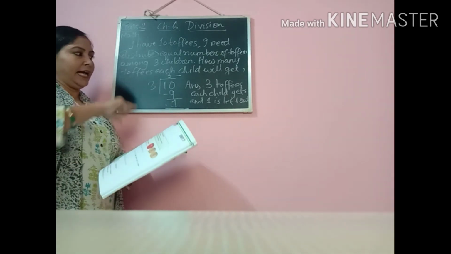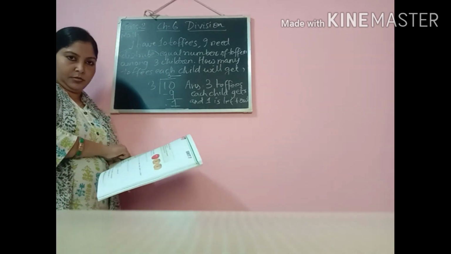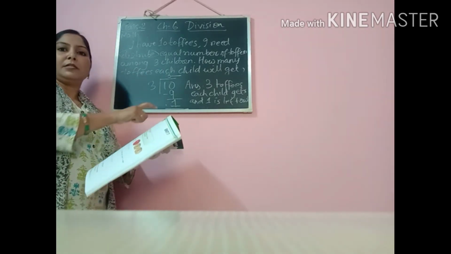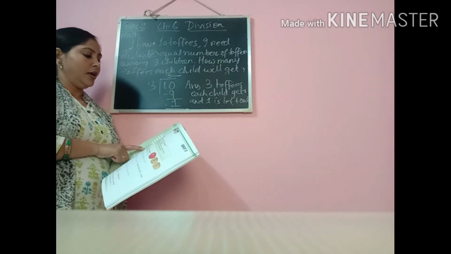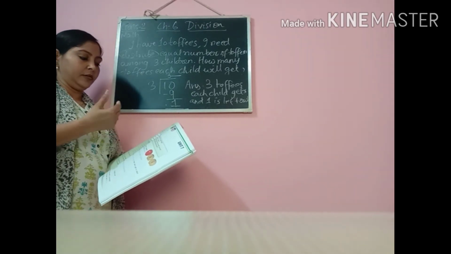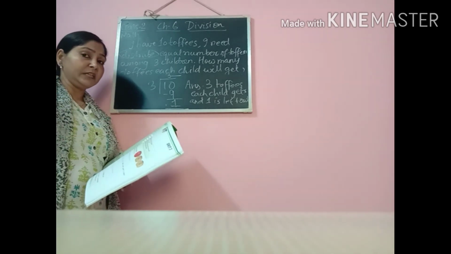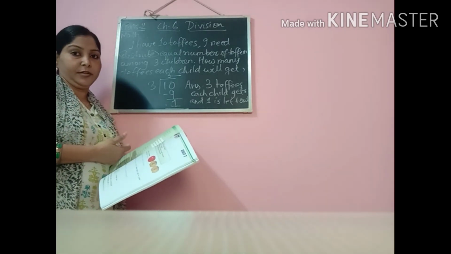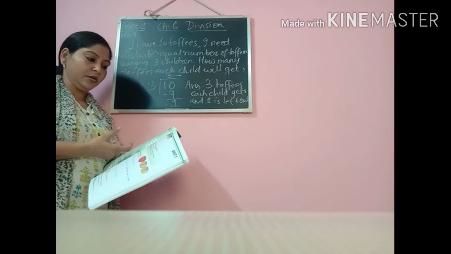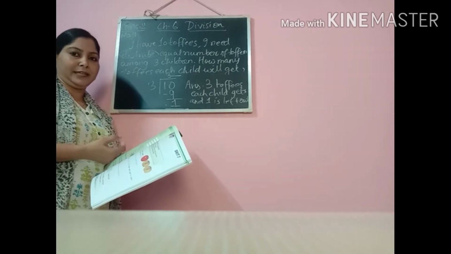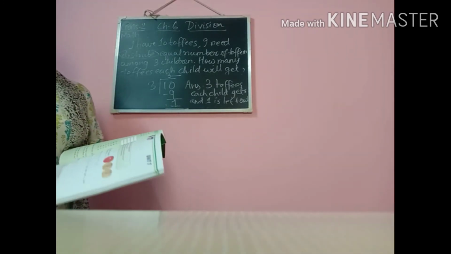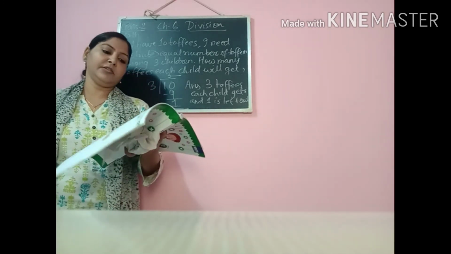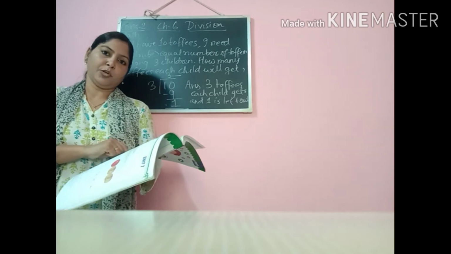So once you are done with all the questions of the chapter, please practice this Test Your Skills also, because they give very brain exercising questions. And also there is an exercise which you can practice as extra practice. That will help you to clear your concepts regarding this division concept that you have learned.